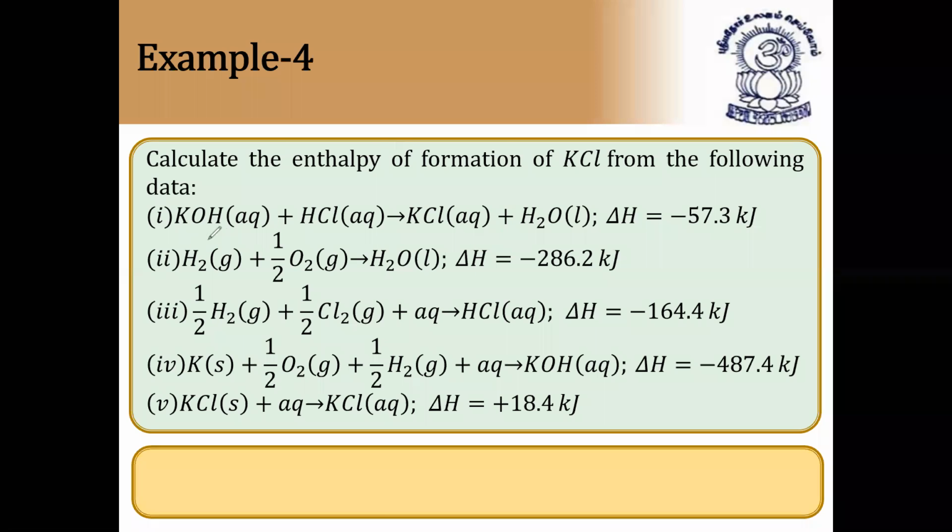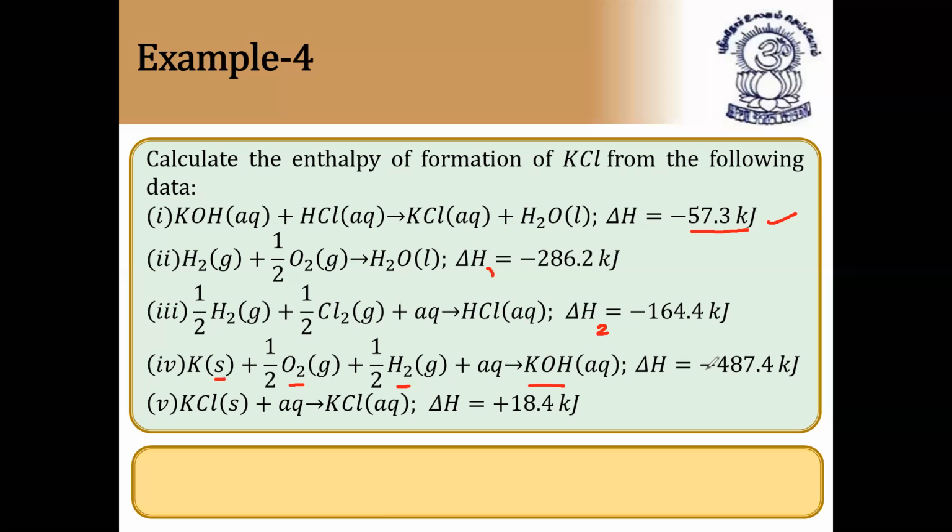Now you see the delta H for the formation of potassium chloride is 57.3. So this is delta H1 plus delta H2, because this step is found by using these two, 286.2 plus 164.4, you'll get 57.3. So delta H is equal to delta H1 plus delta H2. Next step is delta H of total conversion, that is potassium solid plus oxygen plus hydrogen gives aqueous KOH.